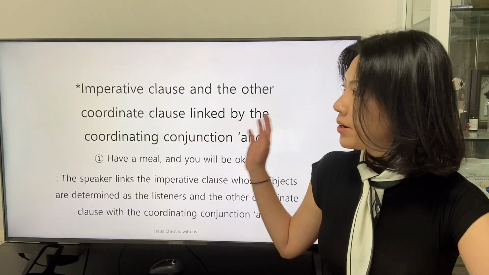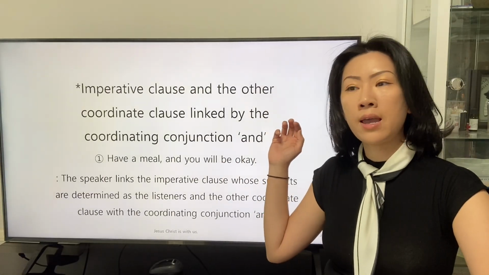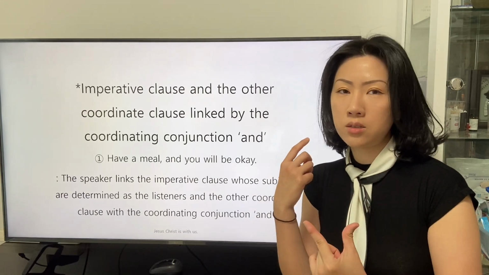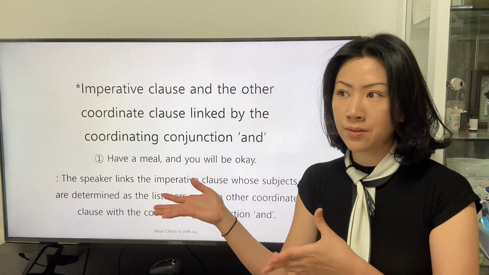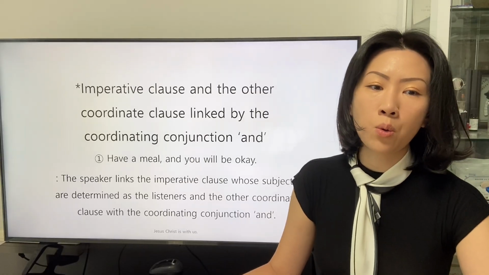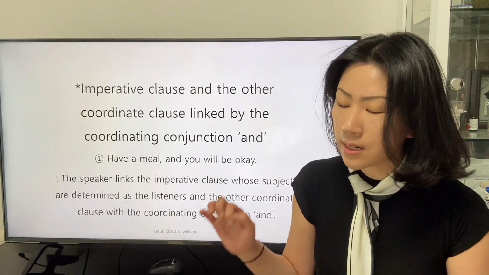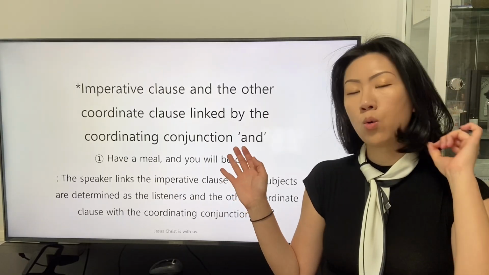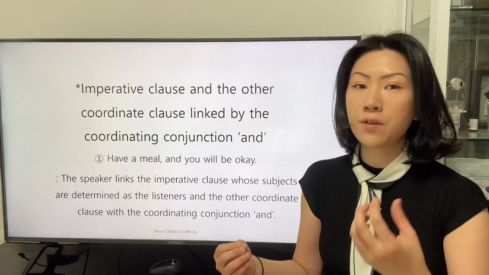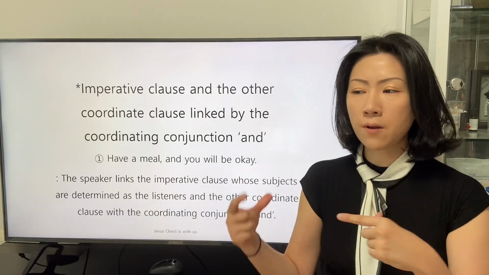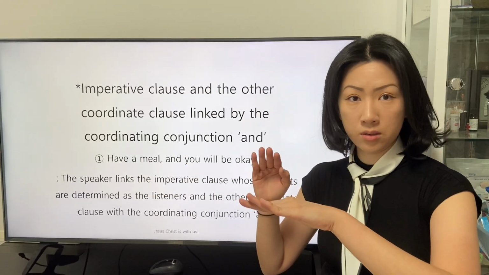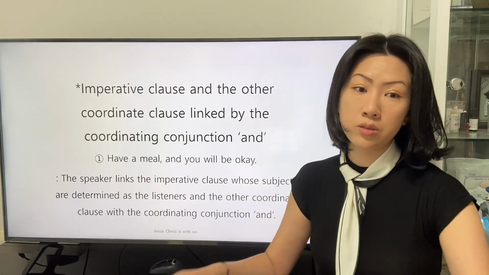There is a conference that the coordinating conjunction is stated with the imperative clause and the other clause. Imperative clause and the other coordinate clause linked by the coordinating conjunction and, in this case, the coordinating conjunction and delivers a specific intent of the speaker, because of the situation that the imperative clause is delivered to the listeners.